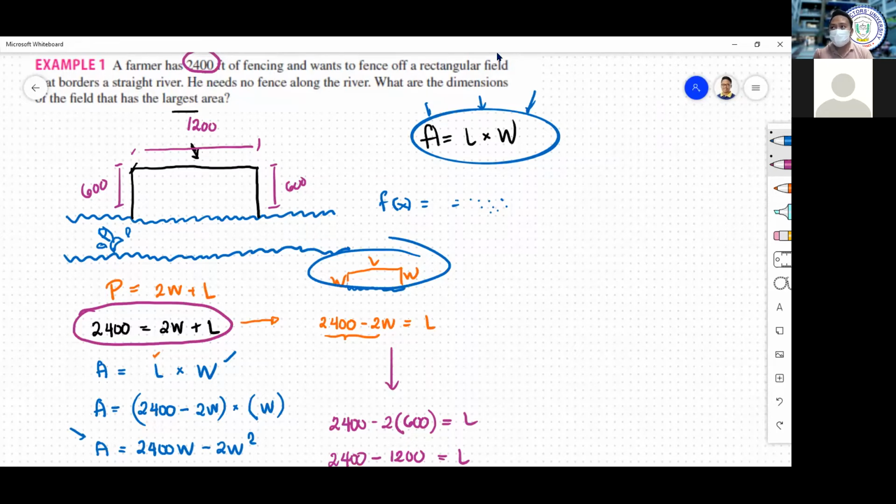When we talk about the total length, you're just adding all the sides of the field that needs to be fenced, so you're technically solving for the perimeter. Do you agree?